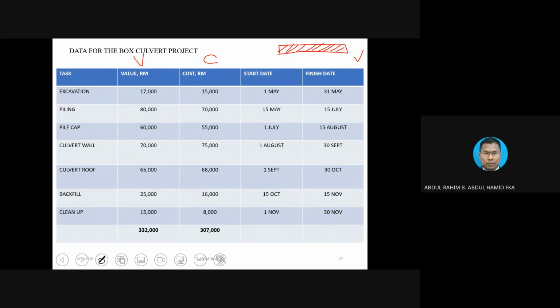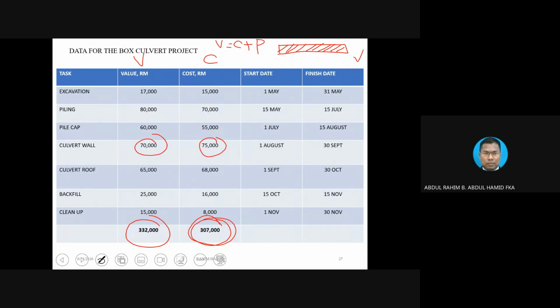Okay, let's say we do have a few activities going on, and when we add up the value, it will be 332. The cost is 307. And always remember, from this formula, V equals C plus P. C must always be lower than the value at the end of the overall calculation, even though in some activities you notice C is bigger than V. This is just an example.